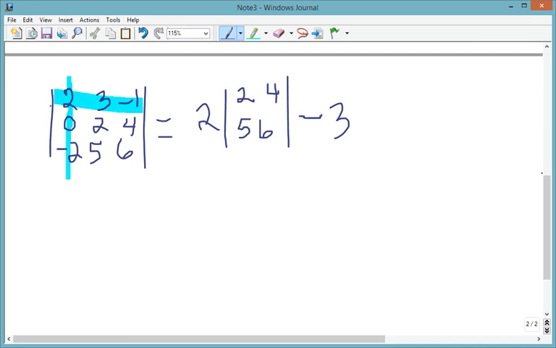This sign, this subtract here, has nothing to do with whether that number happens to be positive or negative. Okay, and now I need to cross off the row and column that have to do with that 3. So the top row again, and now it's the middle one that has to do with that 3. And I'm going to write the determinant of what's left.